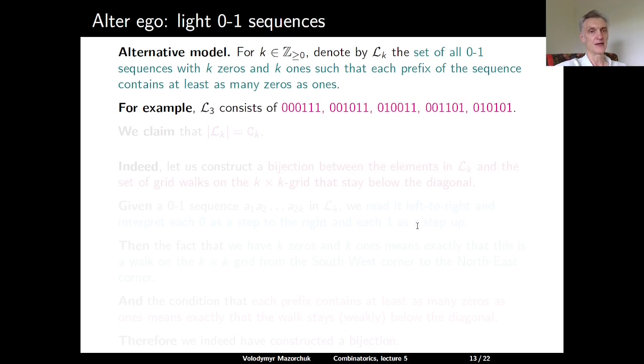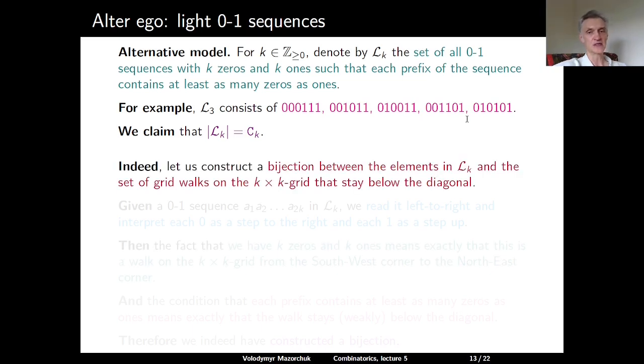So for example, L_3 consists of 000111, 001011, 001101, 010011, 010101. We claim that the cardinality of the set L_k is exactly the k-th Catalan number C_k.